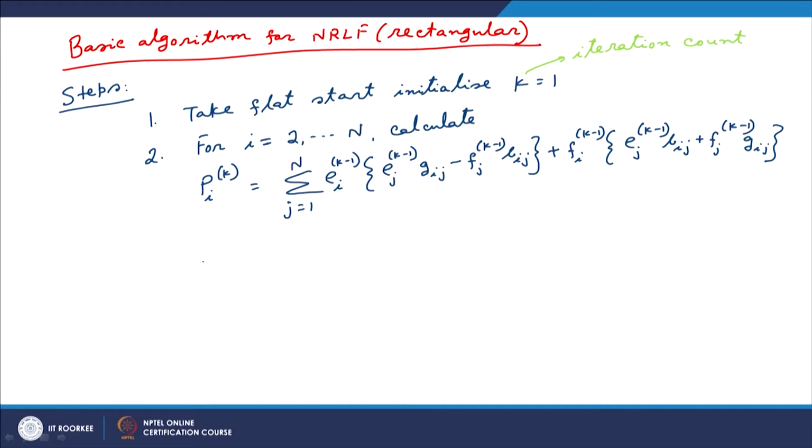Then calculate the delta P vector as P2 specified minus P2 k, P3 specified minus P3 k, dot dot dot, Pn specified minus Pn k.